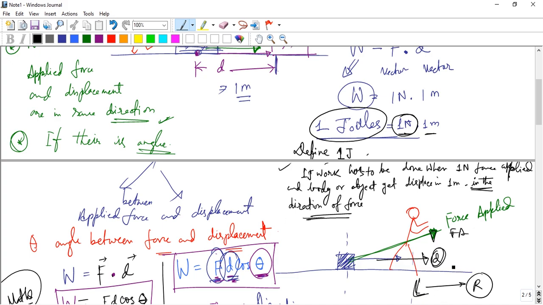If you forget the line 'in the direction of force', the answer is 100% wrong, because if the force is applied and the body is displaced in another direction, there is also positive or negative work, but the direction of force is very important.